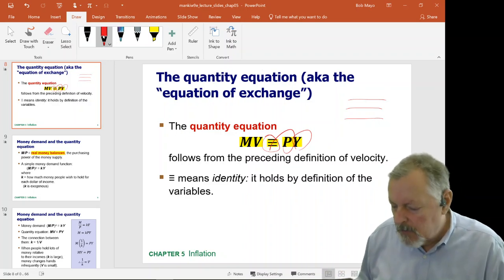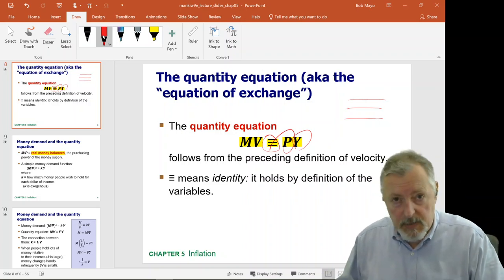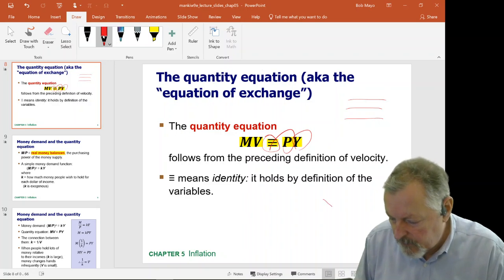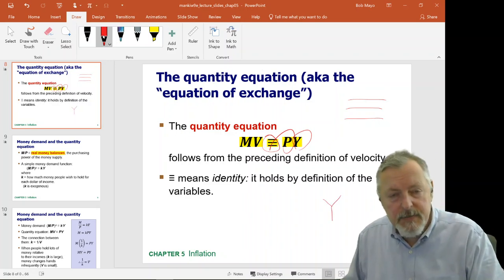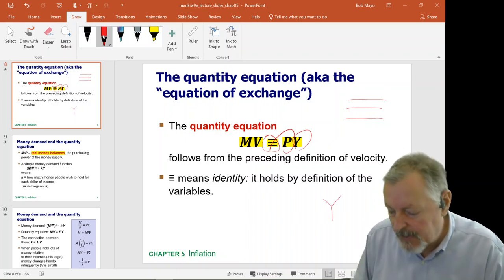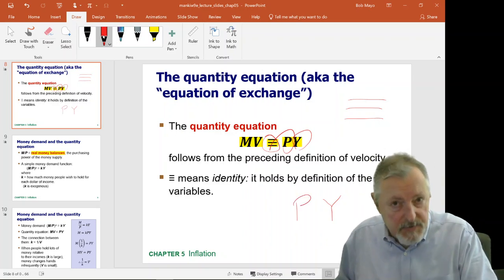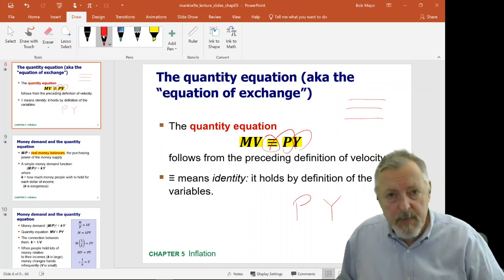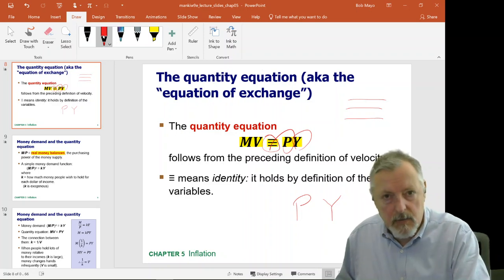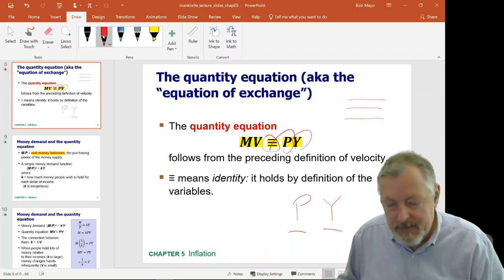So to buy everything in the economy, you would have that many units of stuff times the price of 1 unit of stuff. That gives you how many dollars you'd need to buy all of that at that price.